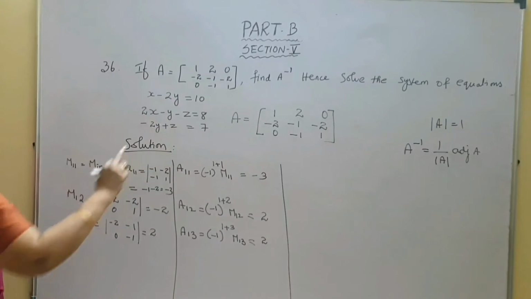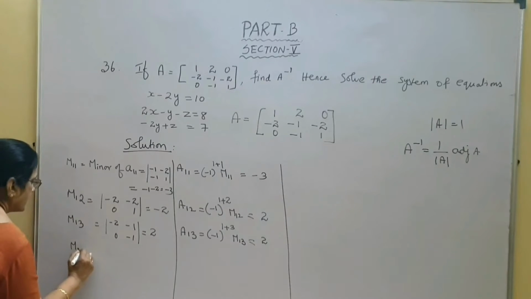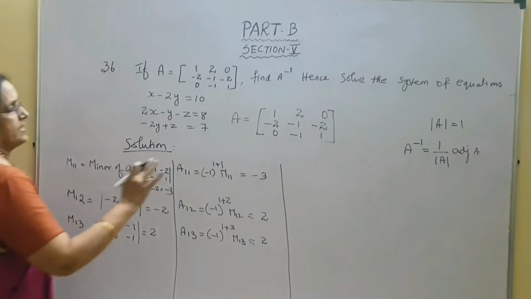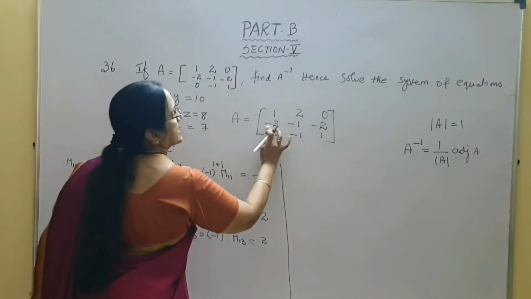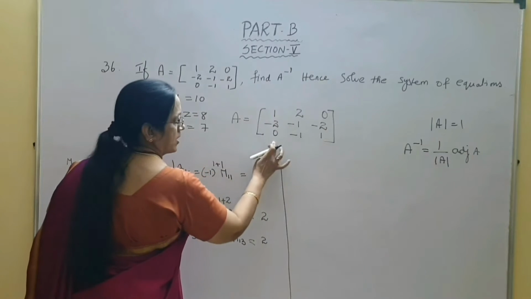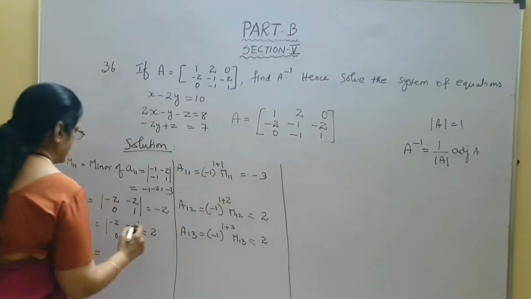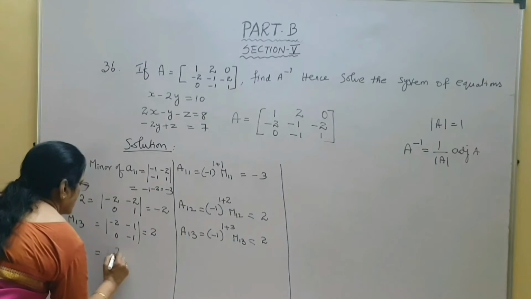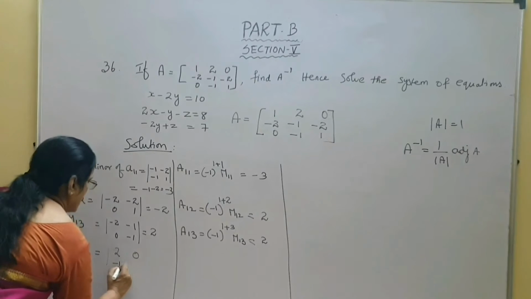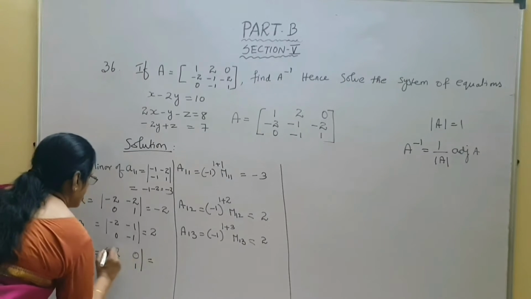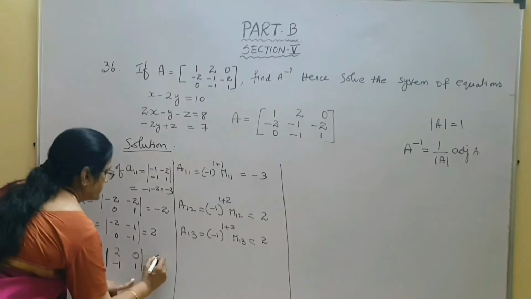Then, coming to second row, let us find out now capital M21, that is minor of the element minus 2. Leaving the second row and first column, you are left with 2, 0, minus 1, 1, which is going to be 2.